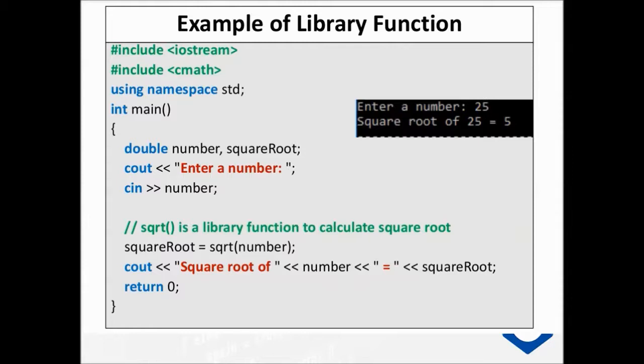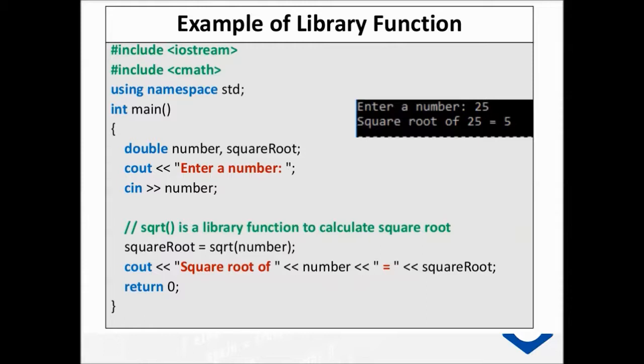Then we use our built-in library function sqrt to calculate the square root of the number, and the result goes to our declared variable square root. Then we display the value of the square root of that number, and then the program ends.